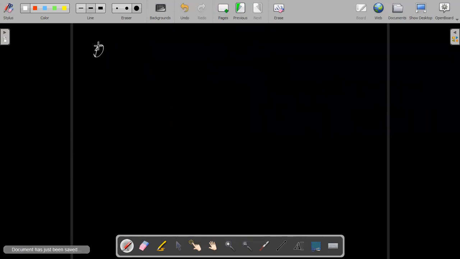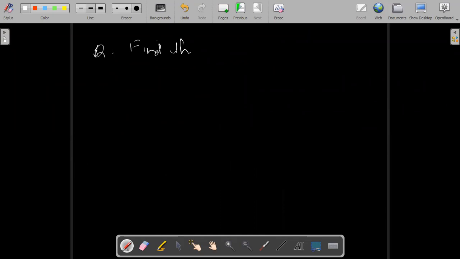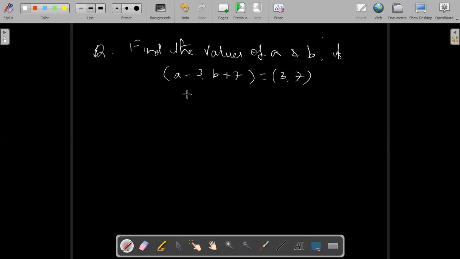For example, find the values of A and B if (A minus 3, B plus 7) is equal to (3, 7).